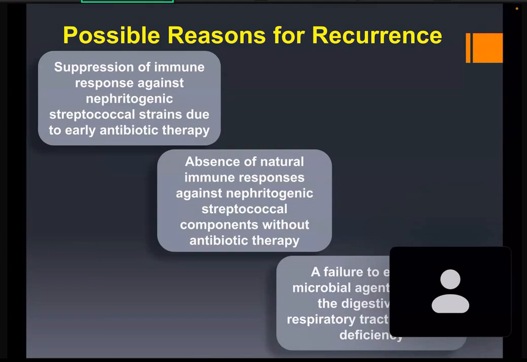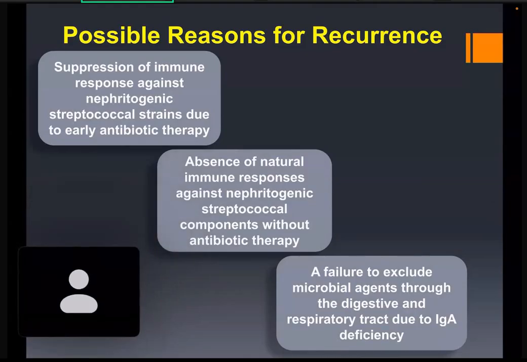So the possible reasons for recurrence can be suppression of the response against nephrogenic strains due to early antibiotic therapy. That's why we don't give antibiotic therapy immediately without any evidence that there's an infection, because it gives more harm than good to the patient. Another is the absence of a natural response against the nephrogenic strain.